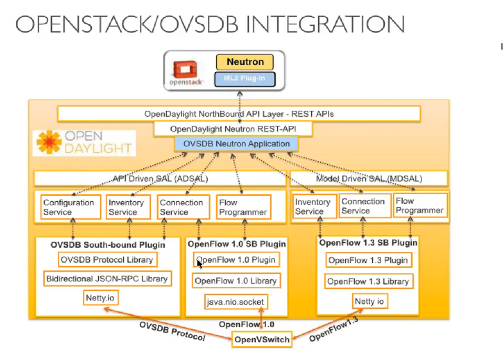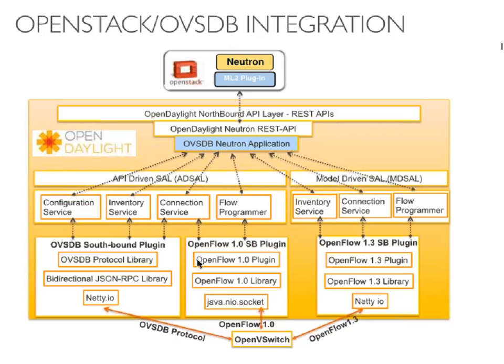The application talks to the Neutron Northbound APIs, and it talks to the Southbound plugins, the OpenFlow plugin and also the OVSDB plugin, through the AD-SAL style and MD-SAL style. This other layer is called the service abstraction layer, which abstracts out the actual plugin that takes care of the southbound mechanism from the northbound applications. So it's an abstraction layer that abstracts out the protocol information from the application requests, essentially.